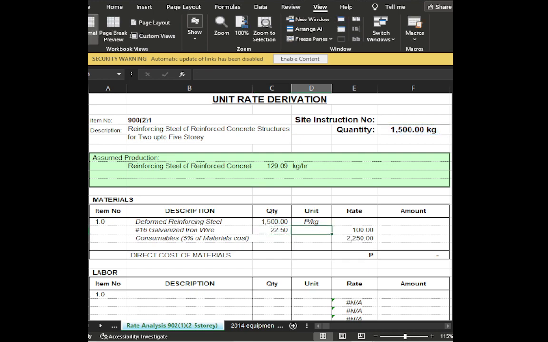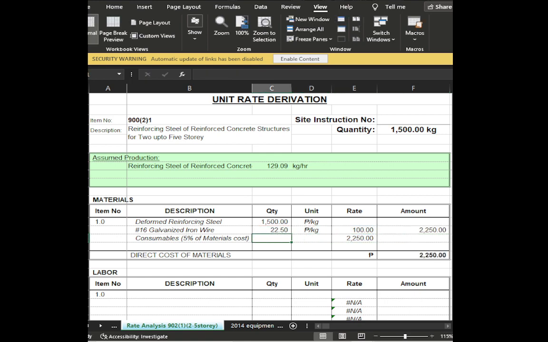So that is 22.5 kilograms of galvanized iron, number 16 galvanized iron. The rate of this galvanized iron is 100 per kilogram. So this is the amount. We will multiply it here.